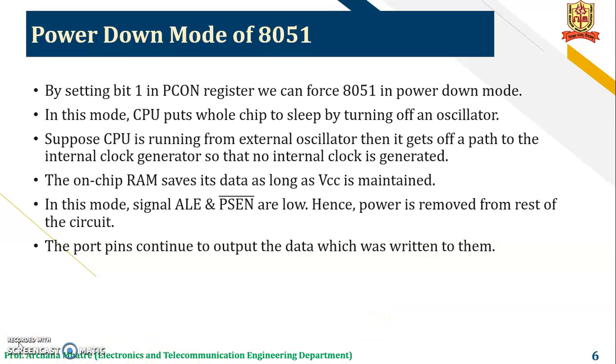The on-chip RAM saves its data as long as VCC is maintained. In this mode, the signals ALE and PSEN bar are low, hence power is removed from the rest of the circuit. The port pins continue to output the data which was written to them.